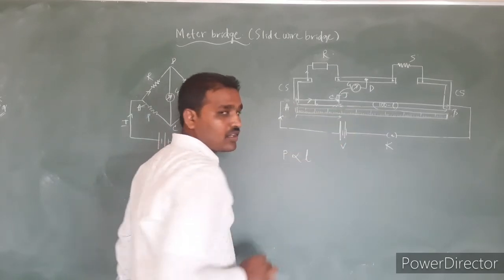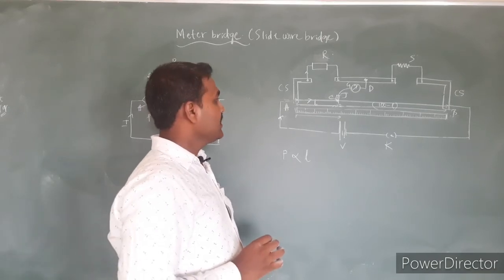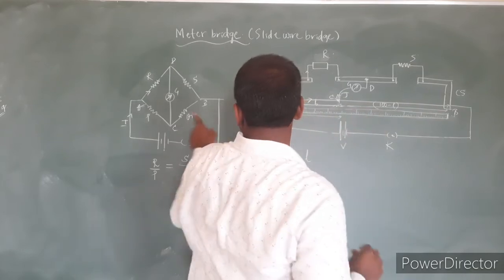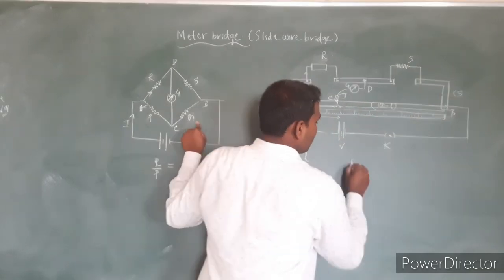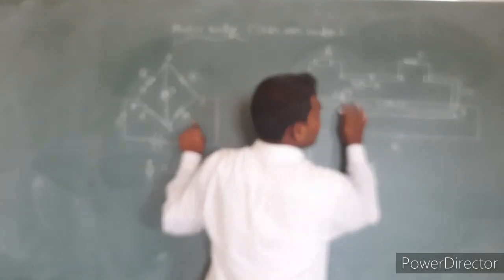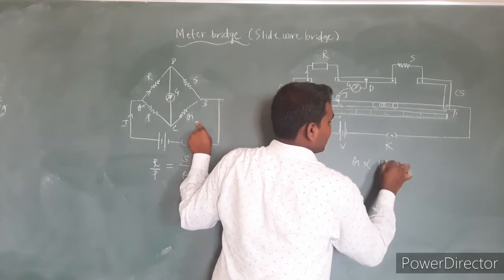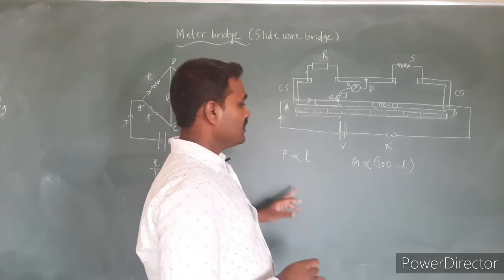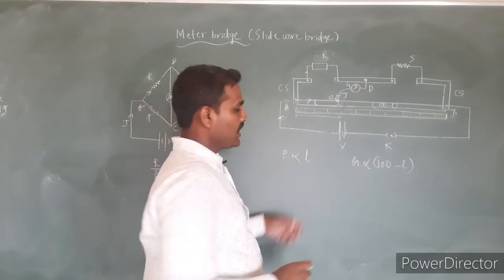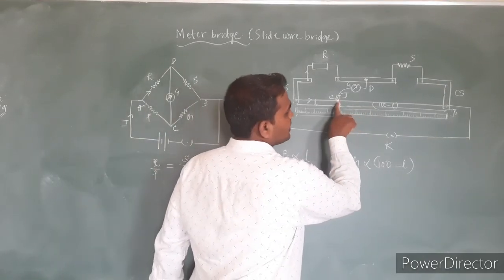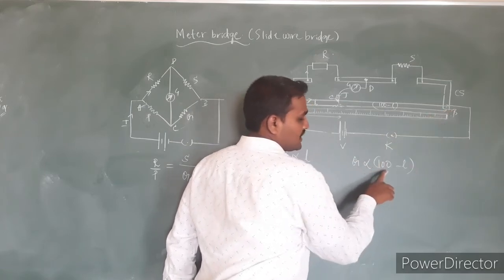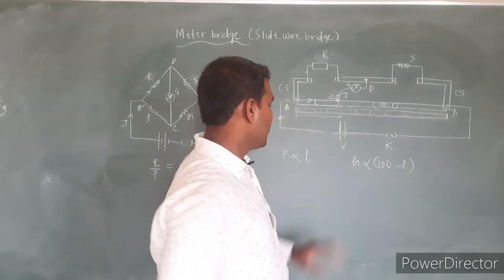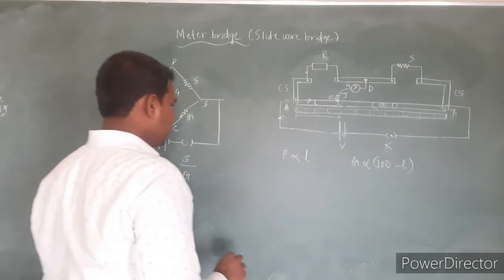Length of AC is equal to what? L. Similarly, the resistance of the remaining part of the wire, that is Q, I am calling here Q, must be directly proportional to the length of the remaining wire, that is 100 minus L centimeter. Both I am taking in centimeters, the ratio will remain same. Q, that is the resistance of this metal wire CB, is directly proportional to its length, which is equal to 100 minus L.